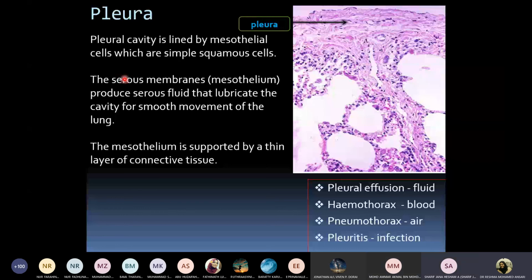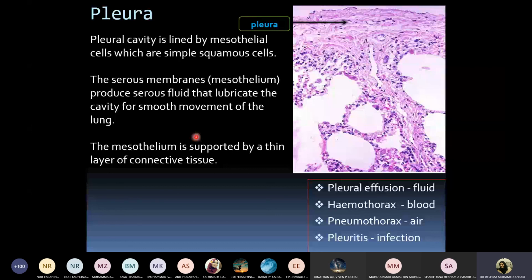Lubrication. Same thing, pleural fluid. Your lungs as well as your heart are both constantly moving involuntarily. So to reduce the friction and to increase the lubrication, you will have pleural fluid secreted by these mesothelial or simple squamous cells. If the fluid becomes excess, then we call it pleural effusion.